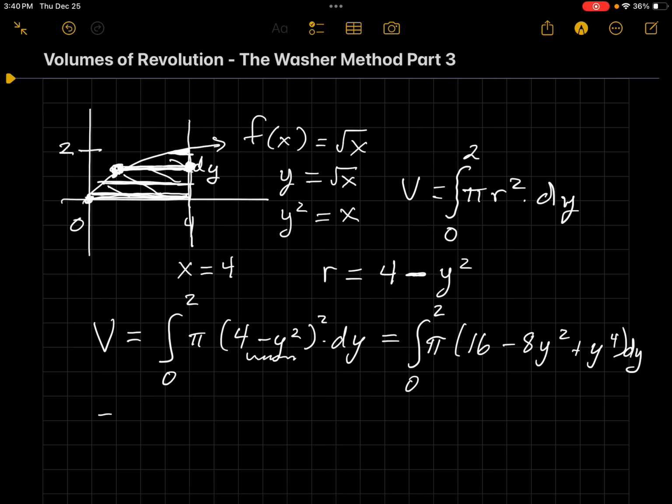And now we can integrate this using our constant rule. And there's some basic power rules.